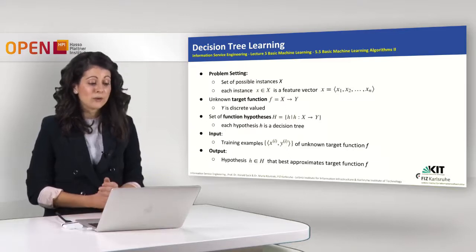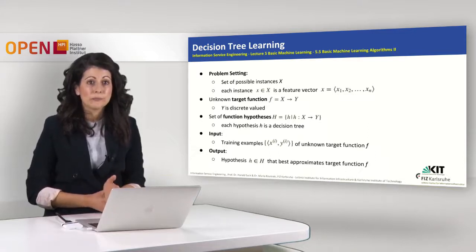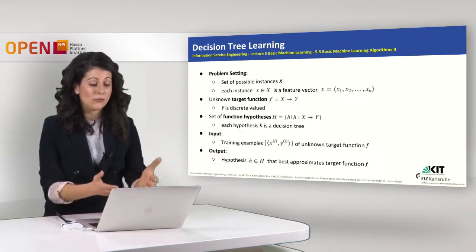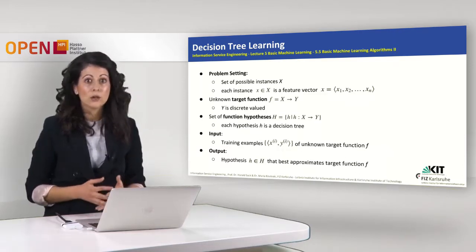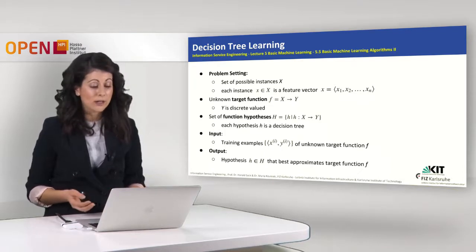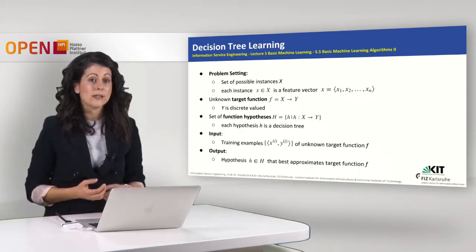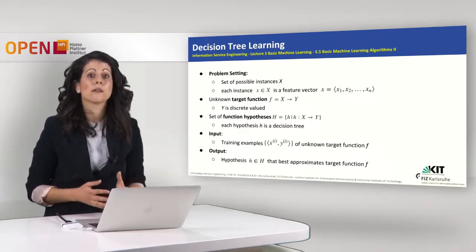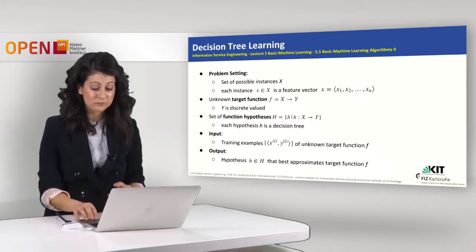Then we have a set of function hypotheses h, where each hypothesis h is a decision tree. The input for this algorithm is training examples of the form x, y of an unknown target function f, and the output is the hypothesis h that best approximates the target function f.